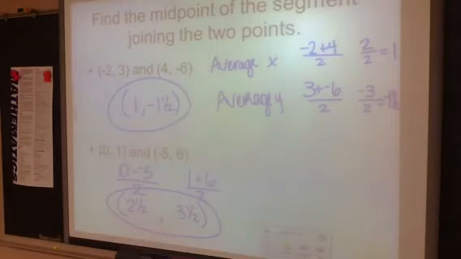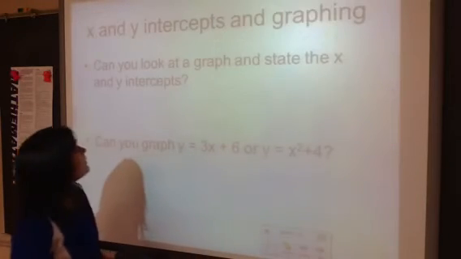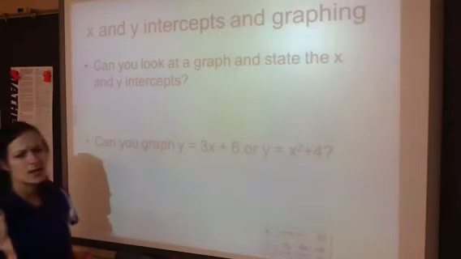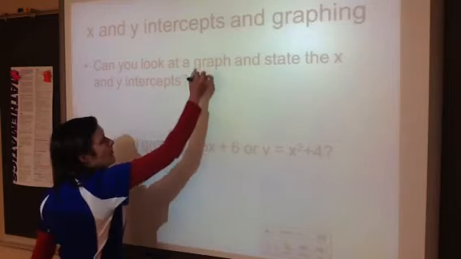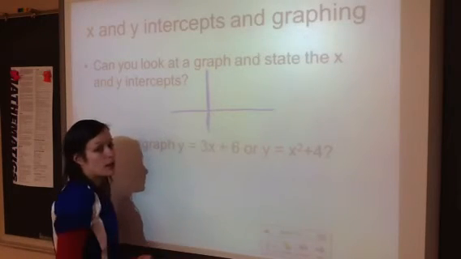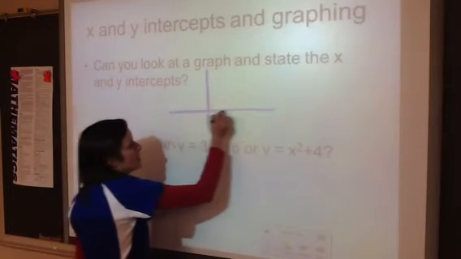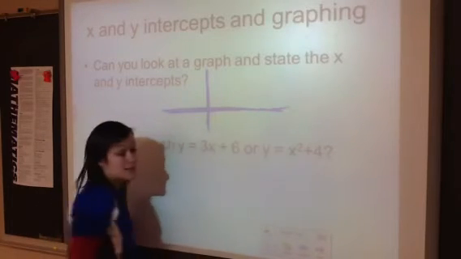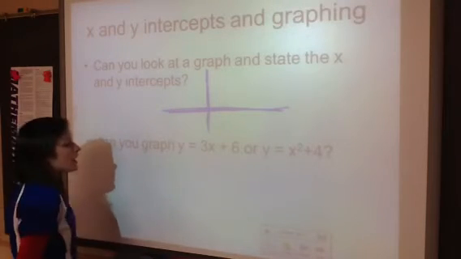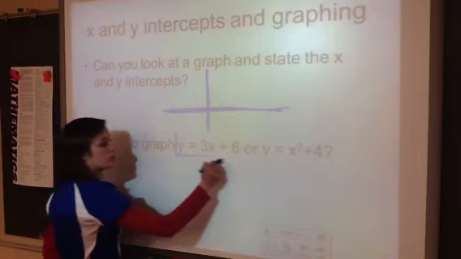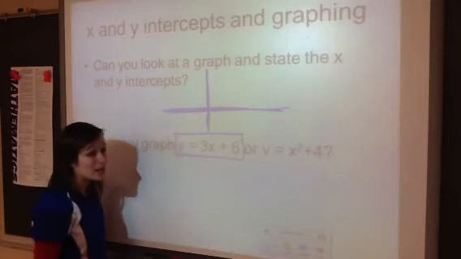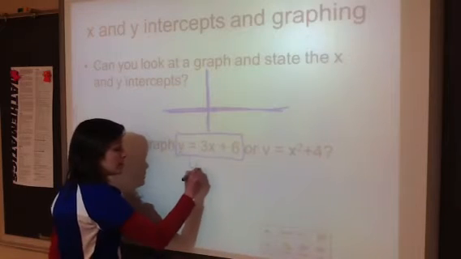All right. The next thing that we are going to do is look at a graph and state the x and y intercepts. Can you tell me the ordered pair when a graph crosses this axis? I hope so. Can you tell me the ordered pair when a graph crosses that axis? I hope so. I'm not going to go over that. All right. Can you graph y equals 3x plus 6? I hope so. If you can't, you better come see me. This is linear.